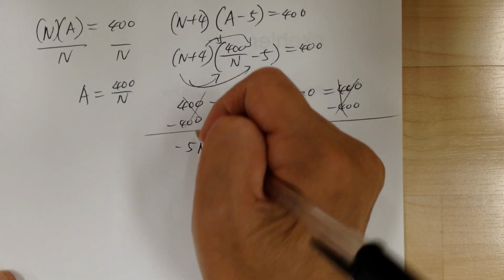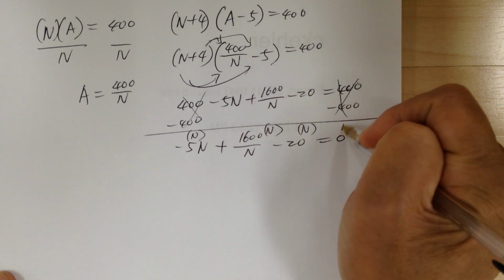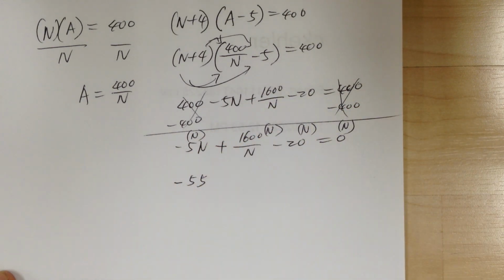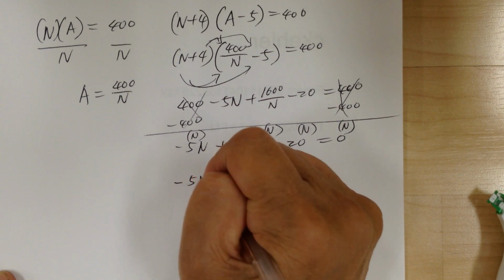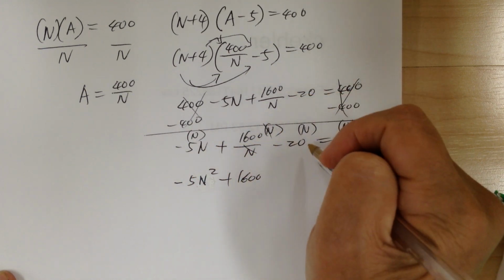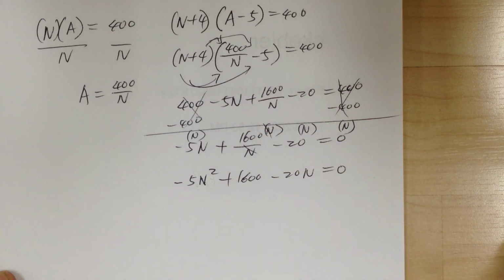So I'm going to multiply by N on each term. So I get negative 5N squared. This will cancel out, so plus 1600. This one minus 20N equal to 0, right? N times 0 is still 0.